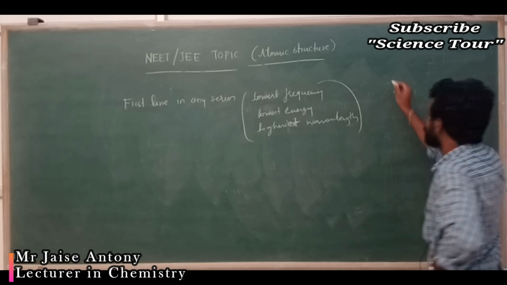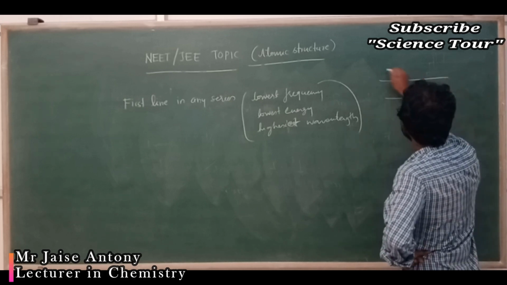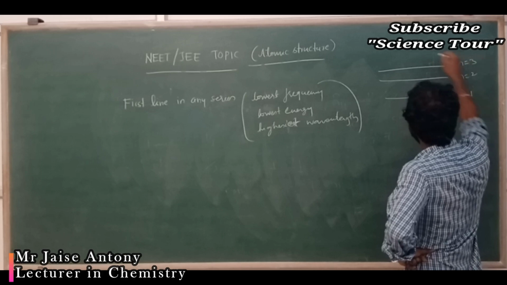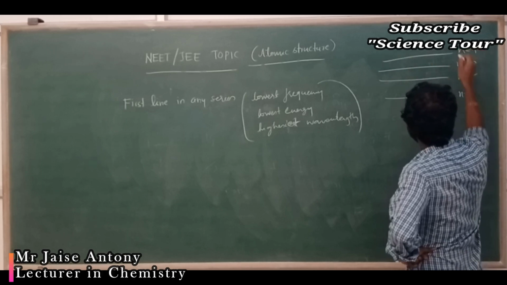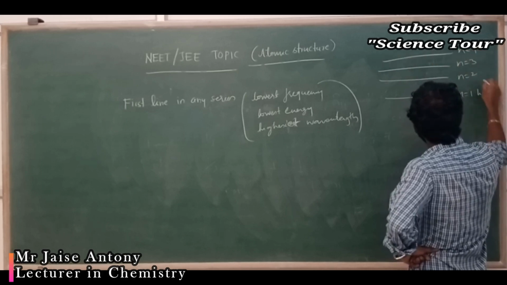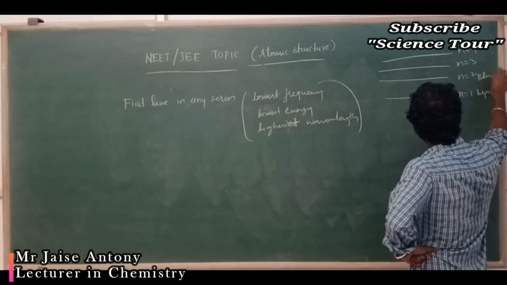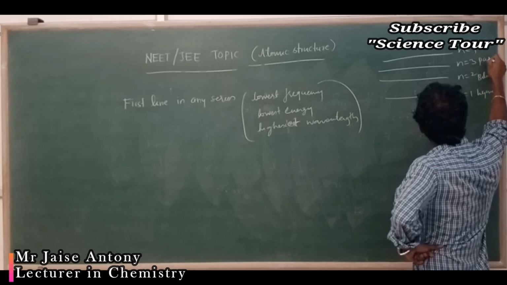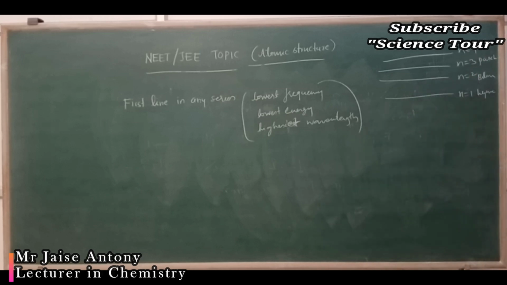What do you mean by that? For example, my dear students, here n is equal to 1 level, n is equal to 2 level, n is equal to 3 level, n is equal to 4 level. This is Lyman, this is Balmer, this is Paschen, correct? These three lines, I will explain with this.